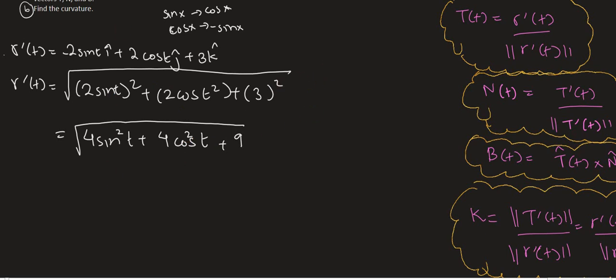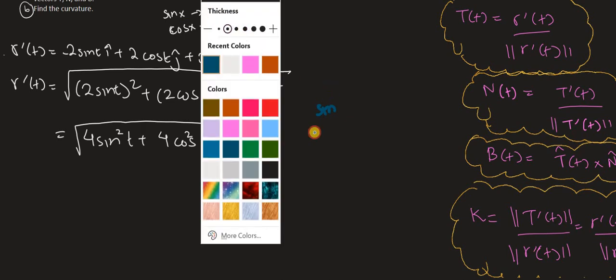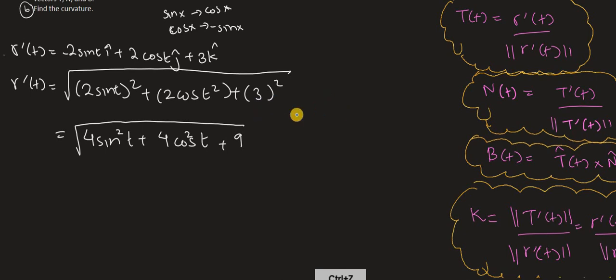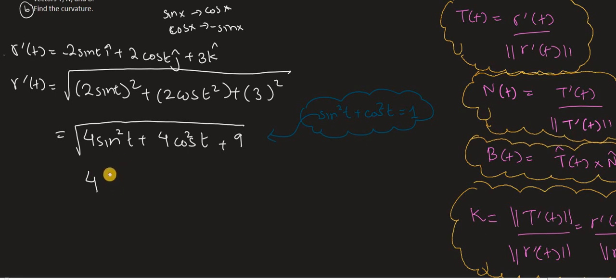So how do we do that? For this, you just have to remember a trig identity. Let me write it over here. The trig identity that I will be using is sine squared t plus cosine squared t equals 1. I'm going to apply it here, but you see there's a 4 here, so to use it I have to factor out the 4.